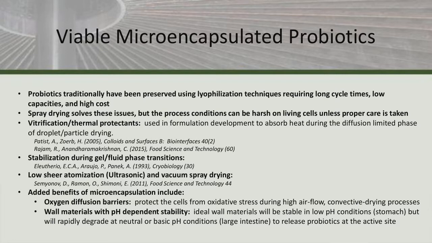There's a number of ways to do this, but basically you have to protect the probiotics from the shear of the atomizer, and you have to stabilize them during this gel fluid phase transition that happens that can rupture the lipid bilayers. And also microencapsulation is part of this. Usually you have some sort of vitrification or thermal protectant agent that is included in the formulation and can protect them from the heat of the spray dryer as they're traveling through.